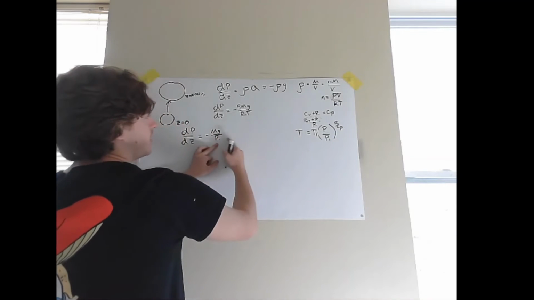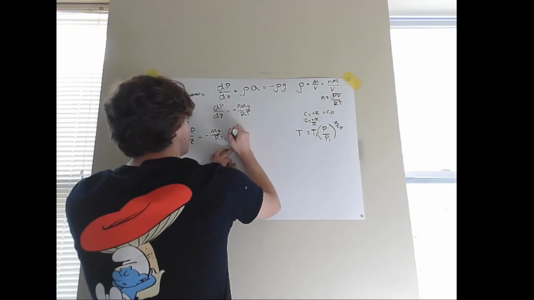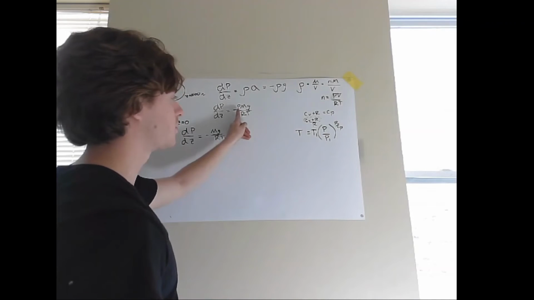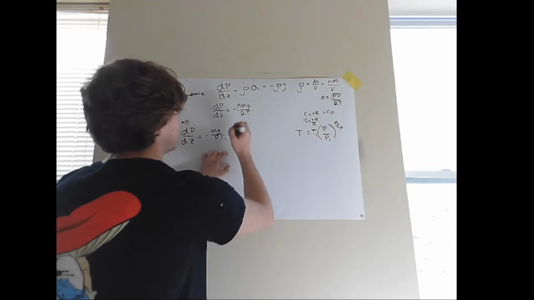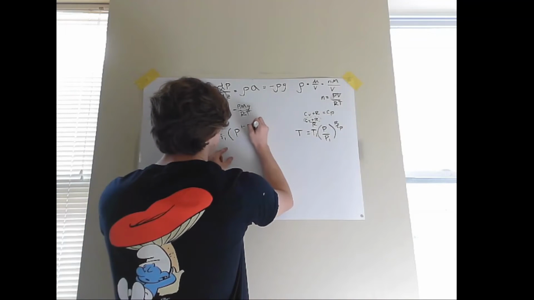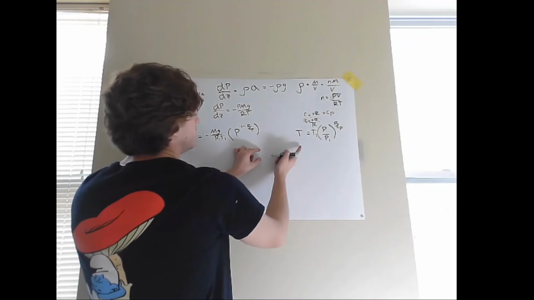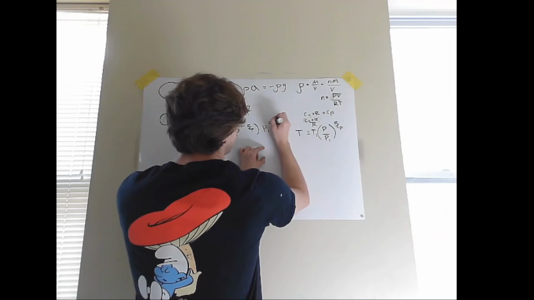And then we have T1 in the denominator. And then we are dividing the pressure by the pressure to R over Cp. So what that gives is just P to the 1 minus R over Cp times P1 to the Cp over R.